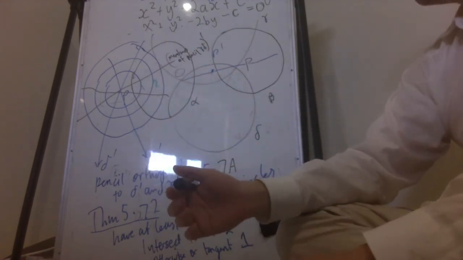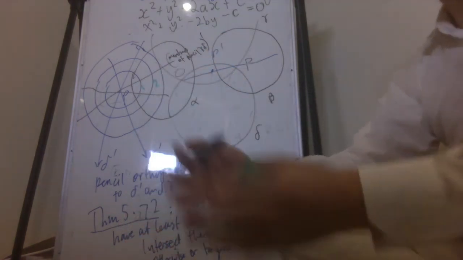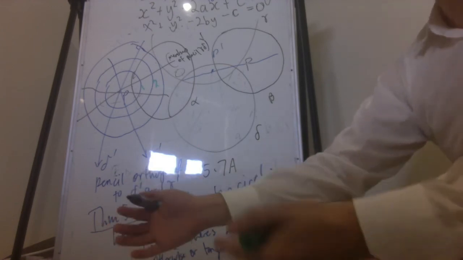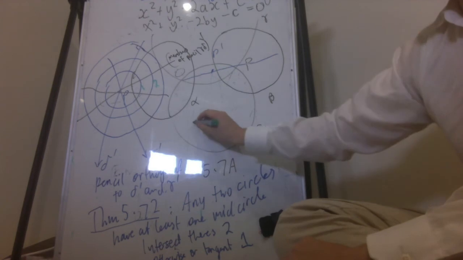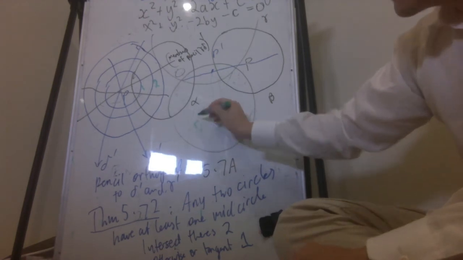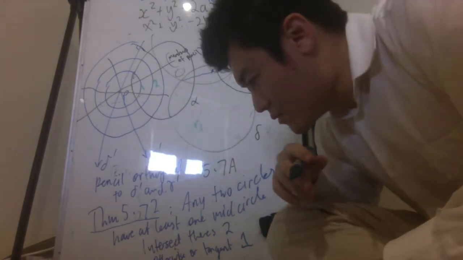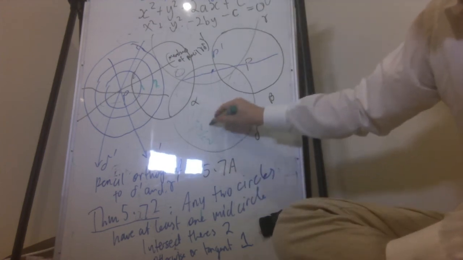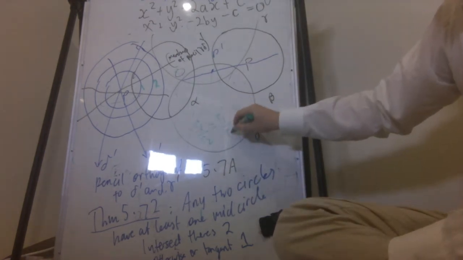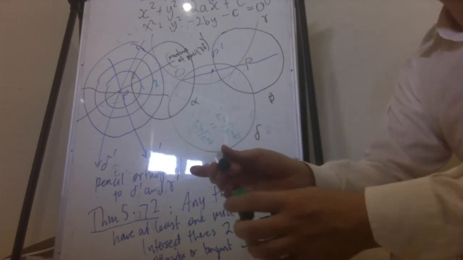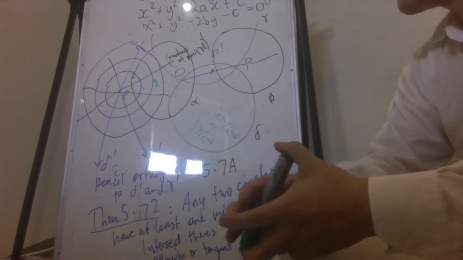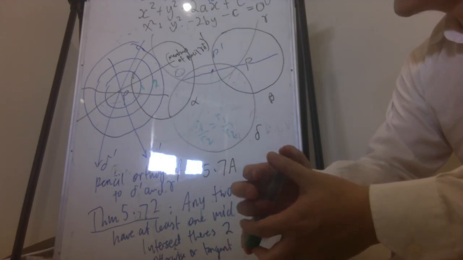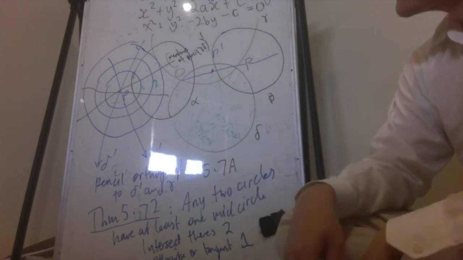So these two radii will be replaced by another two radii, but the radii are in the same ratio, as we're saying. So I don't think it actually says in the book, but I think R1 on R2 is equal to R1 prime on R2 prime. That's what it's trying to say. Does that make sense?